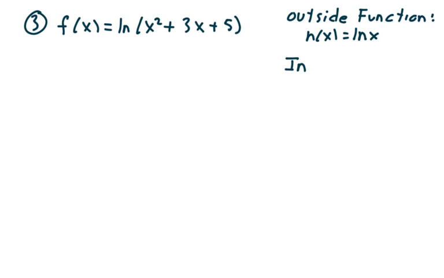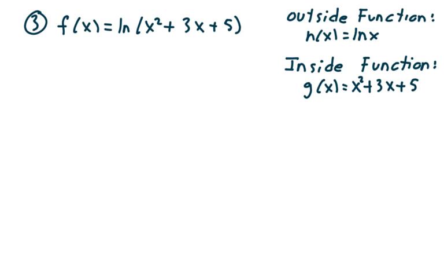The inside function we'll call g of x is equal to the argument of the natural log. So in this case, it's x squared plus 3x plus 5.